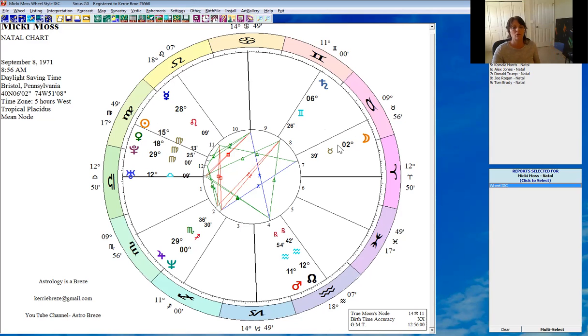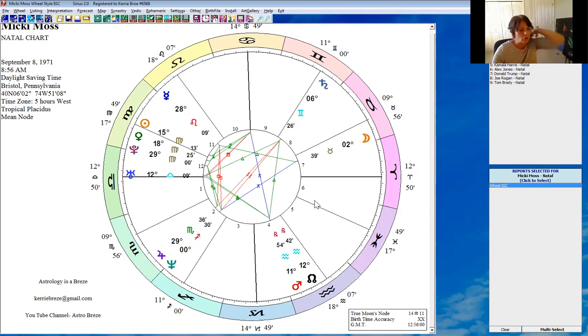Especially right when it moves into Taurus, like April 20th or 21st, that day the sun will be exactly on your moon every year, right on your calendar. You know what I mean? Those certain days trigger stuff every year.